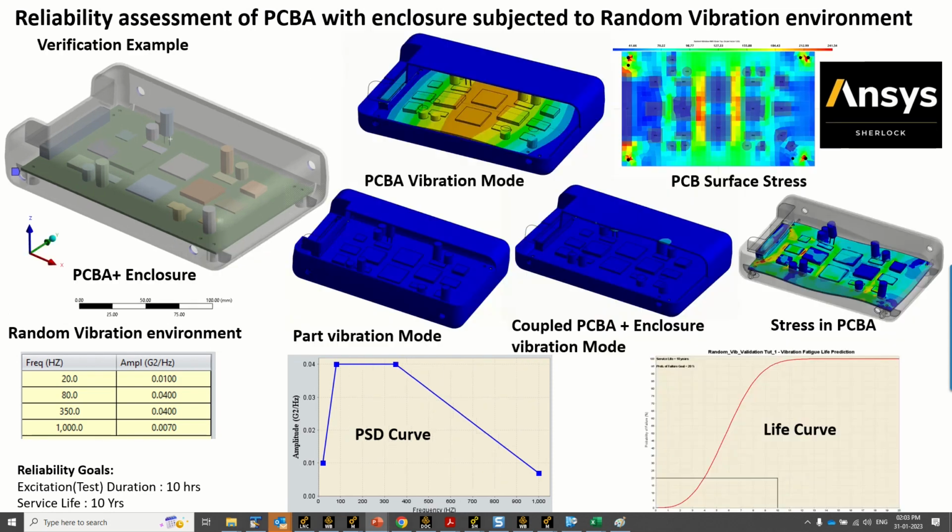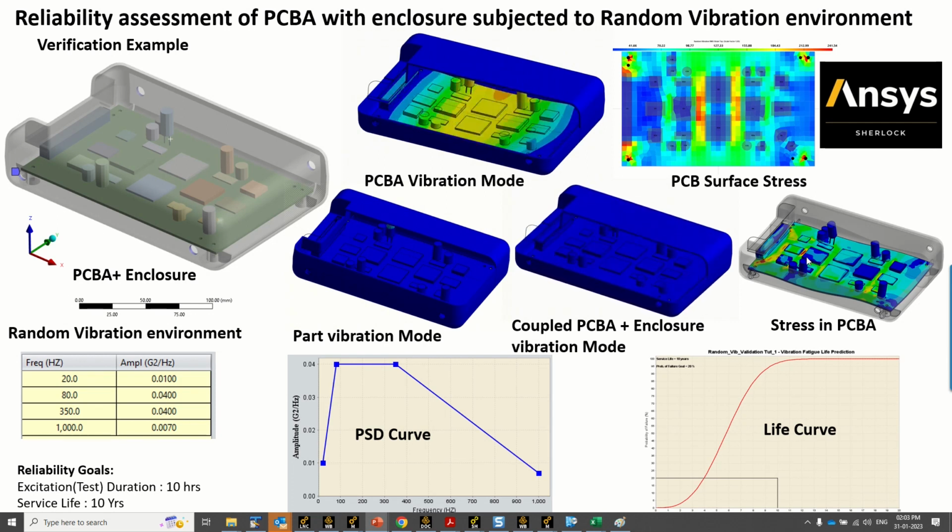Then first we did a modal analysis. In the modal analysis, we tried identifying the vibration modes of the individual parts, the vibration modes of the PCBA, and the combined PCBA plus casing vibration modes. And also we can understand the stress distribution inside the PCBA.